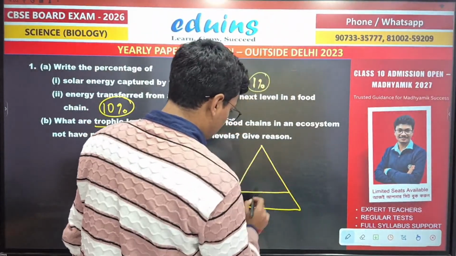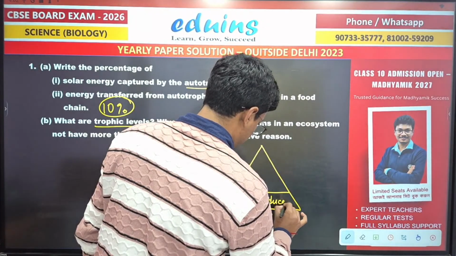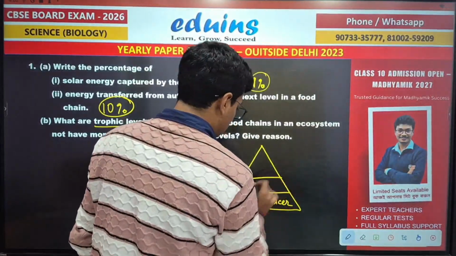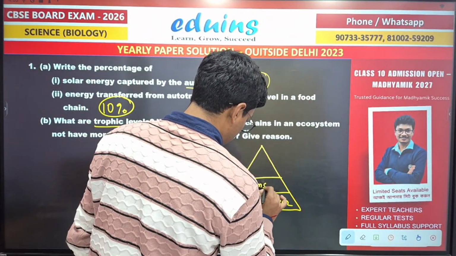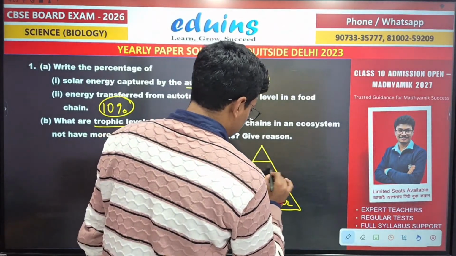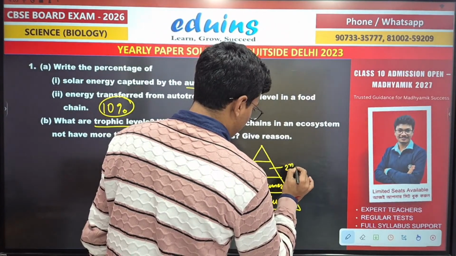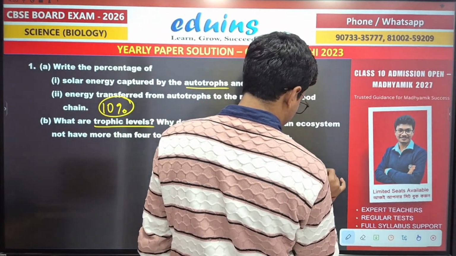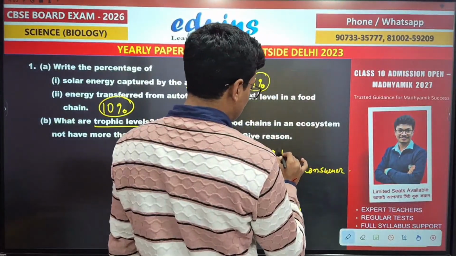Here the producer, next the primary consumer, next the secondary consumer, and these are the decomposers.